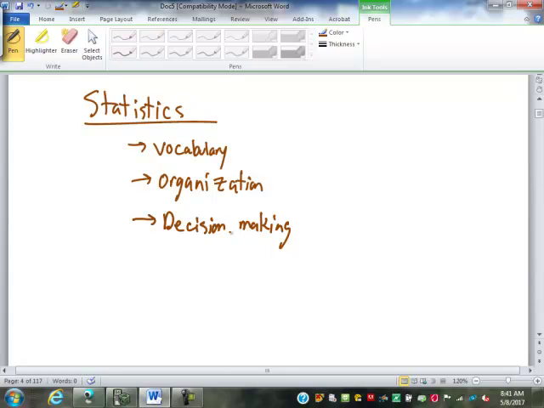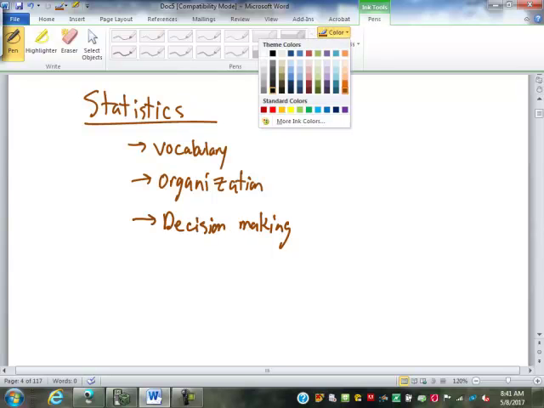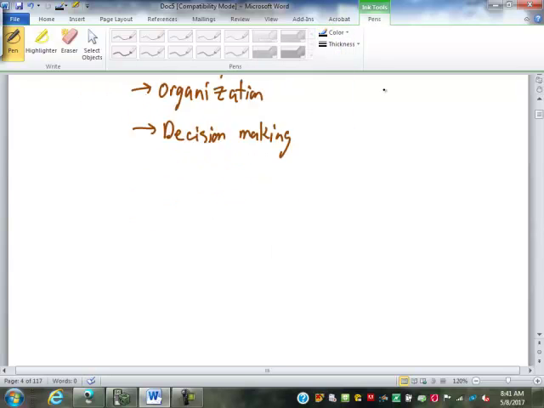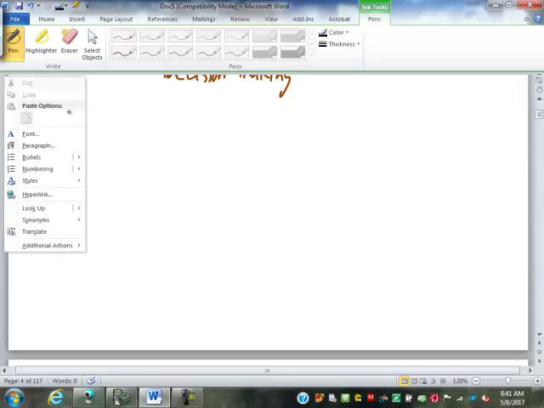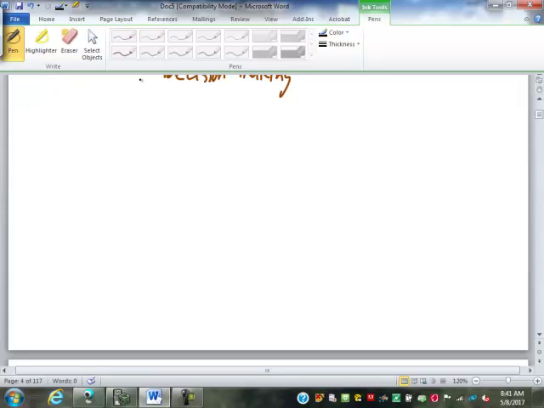A lot of times, just because one number is bigger than another number doesn't necessarily mean as much as most people think when they look at them. It has to be enough bigger to really prove there's a difference. So when we're dealing with statistics, we have to deal with a lot of vocabulary. The first thing I want to define is a population.